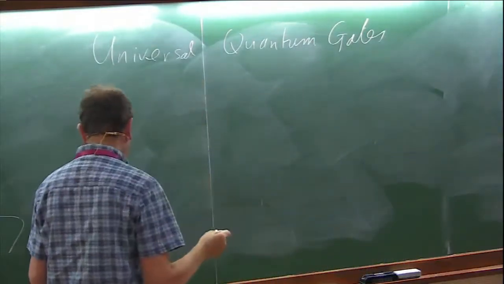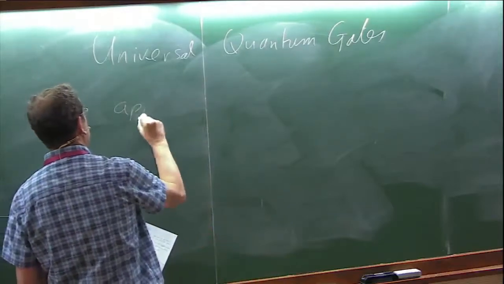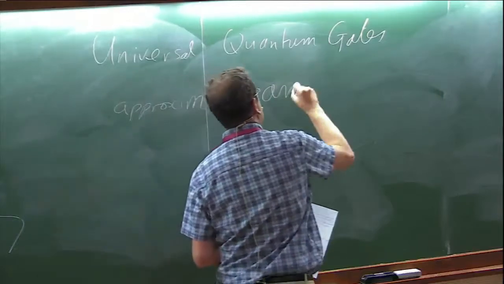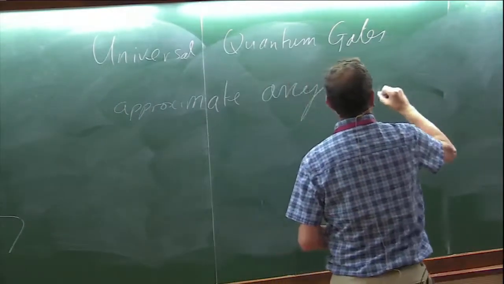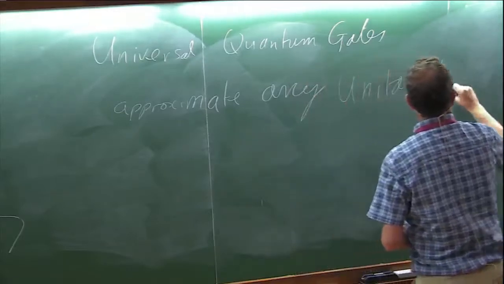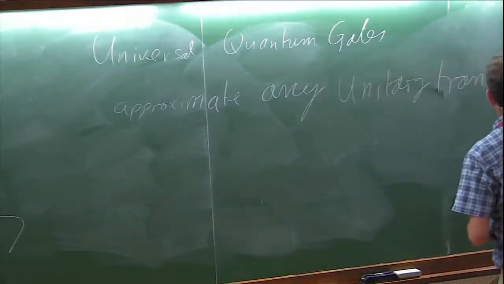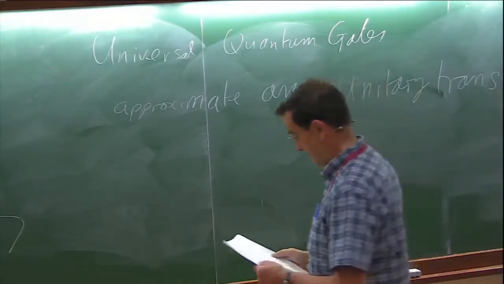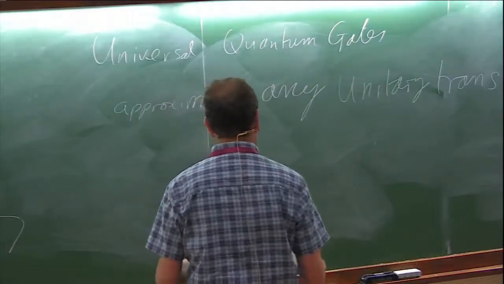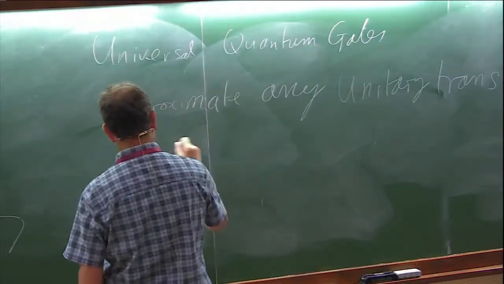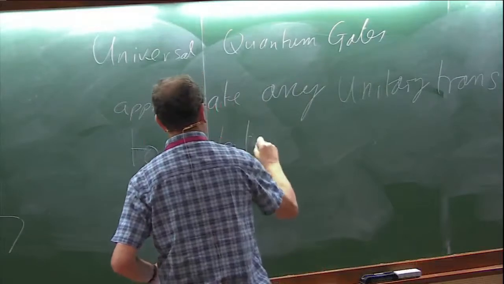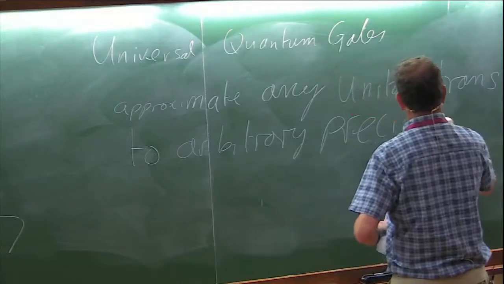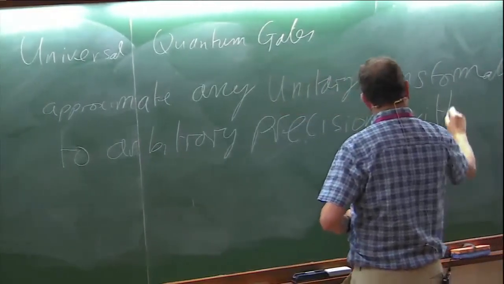So the statement is that we can approximate any unitary transformation with arbitrary precision with the following set of gates.